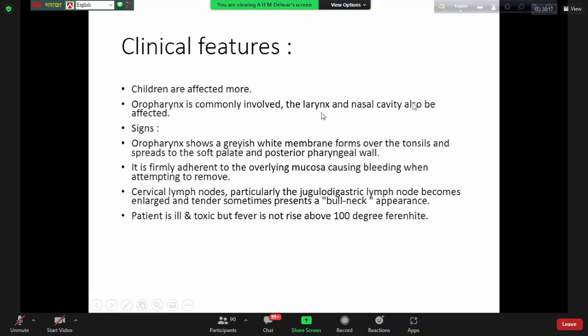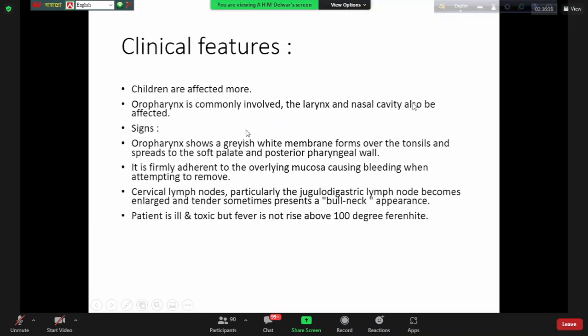If laryngeal diphtheria develops, there may be respiratory obstruction. The patient comes to you with respiratory obstruction, so tracheostomy may sometimes be done.